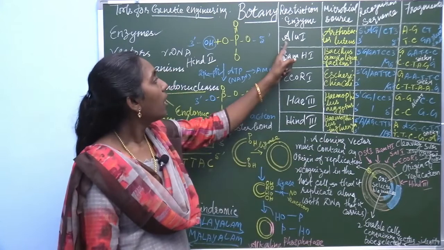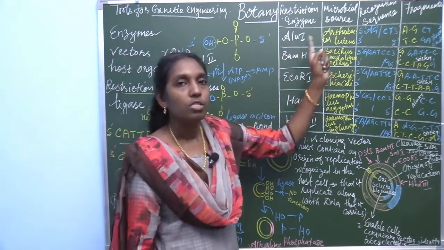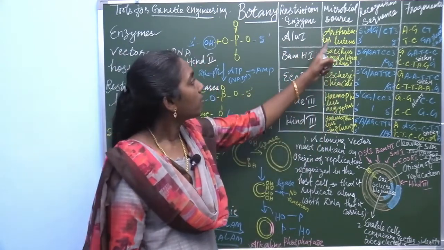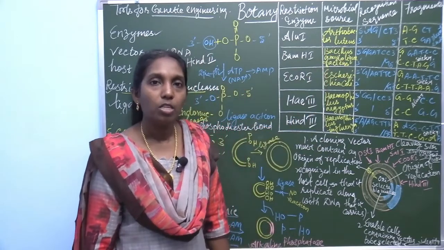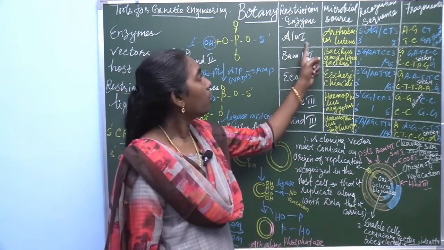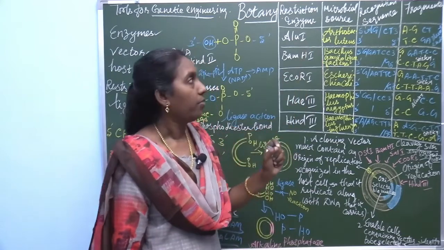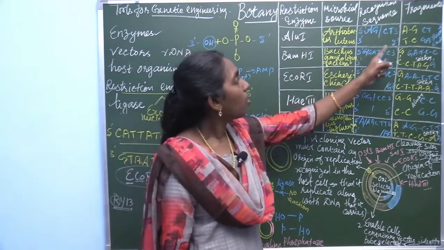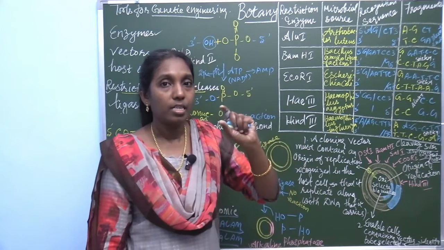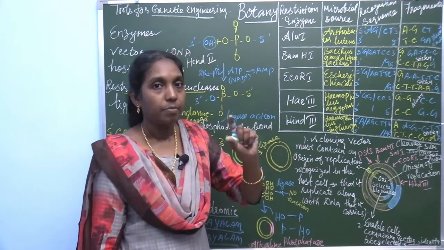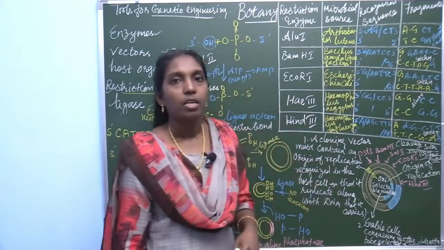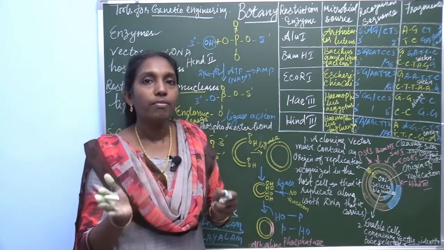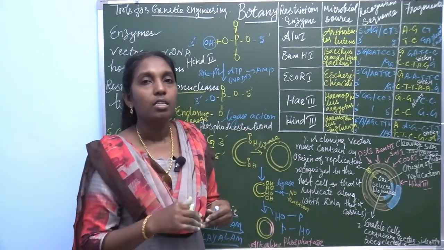For example, for AluI the source microorganism is Arthrobacter luteus. AluI is derived from Arthrobacter luteus, and it recognizes the sequence AGCT. When it cuts, there are two different kinds of ends.